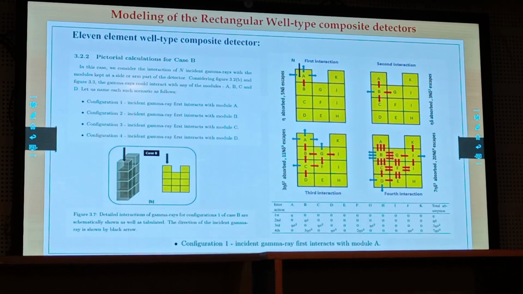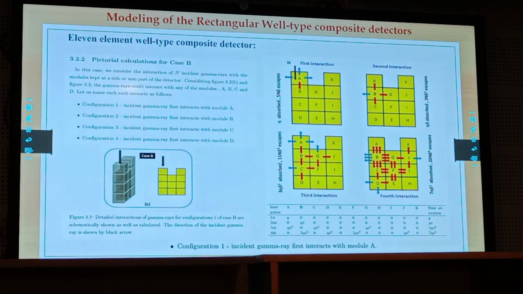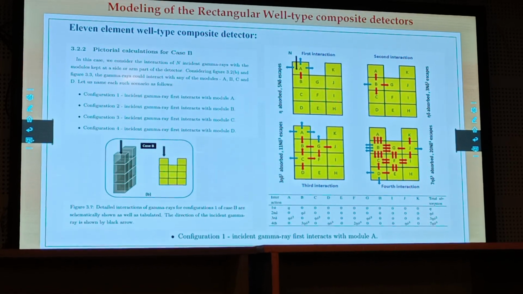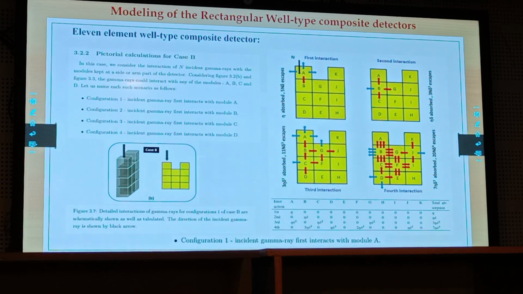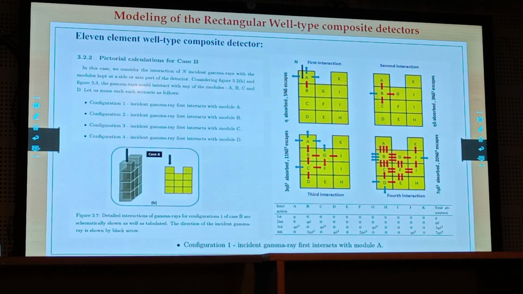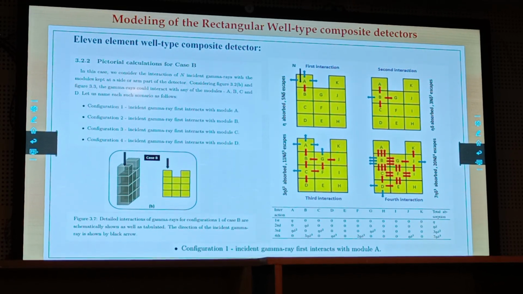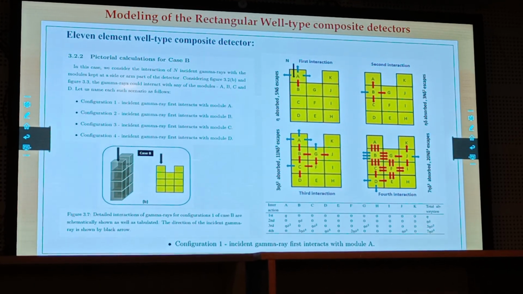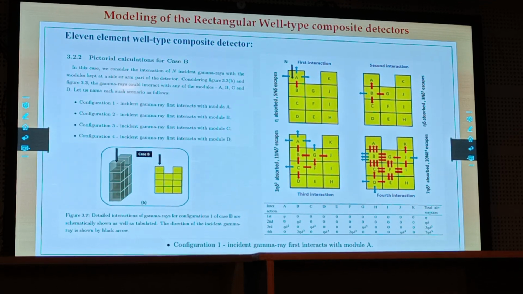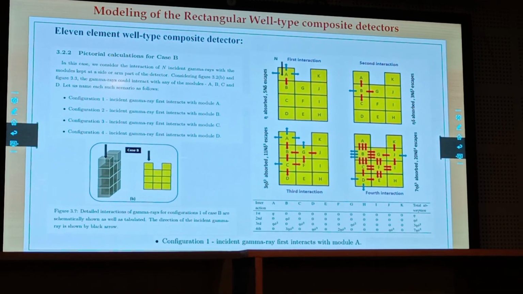And in interaction 2, detector module B will scatter the gamma ray which it received from first interaction, and one part has escaped, and the remaining three parts scatter to its modules A, C, and G. In this way, it will continue.